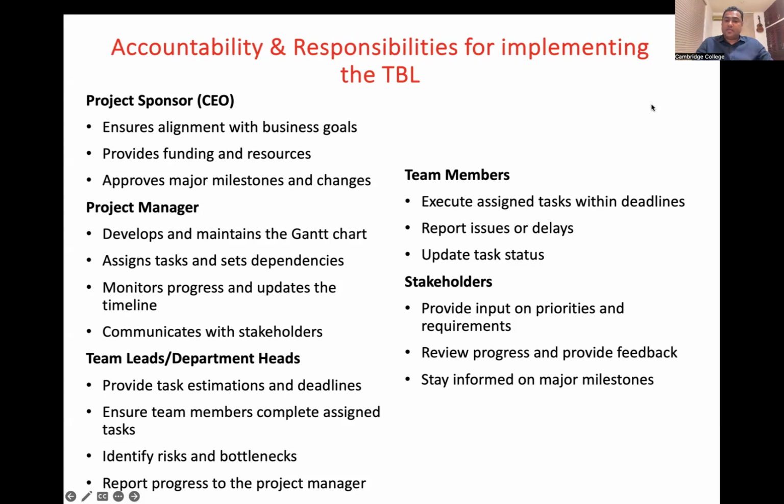And finally, you have the broader stakeholders who also will contribute to implementing the project plan of the triple bottom line in the organization. So when you have a large team implementing, there's cohesion, there's accountability, and you do this as a team, which is a very important exercise within the organization.